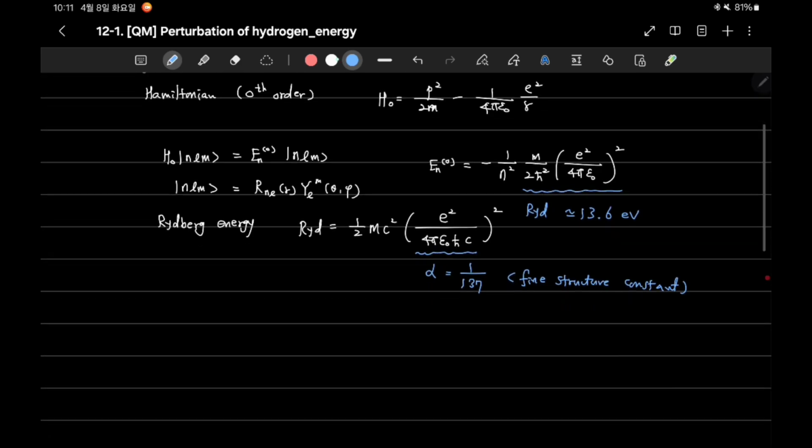Basically, this fine structure constant is a dimensionless quantity, and it is a measure of the electromagnetic coupling constant, e squared over 4 pi epsilon 0 h bar c.